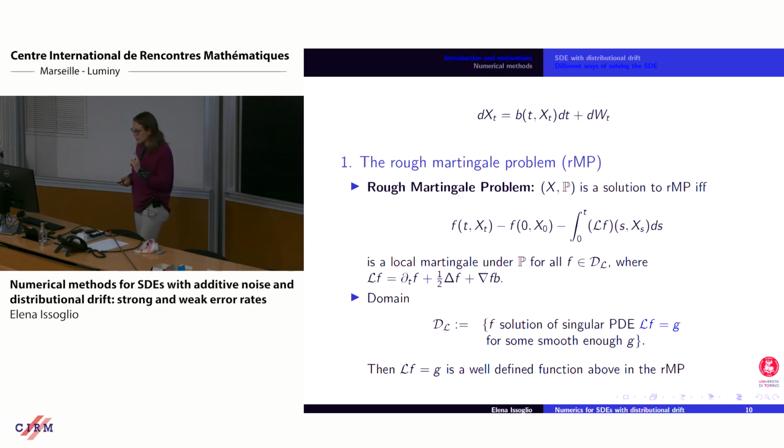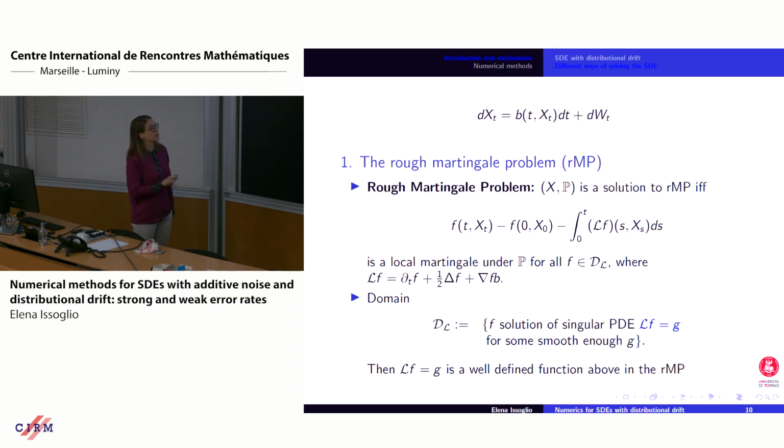Okay, so one slide for the details of these three notions. So, rough martingale problem: you have to identify a domain of test functions, which is this D_L, such that whenever you have an f in this domain, the quantity f of X_t minus f of X_0 minus the integral of Lf ds is a martingale.